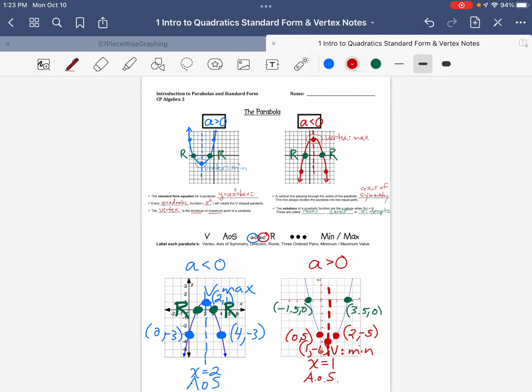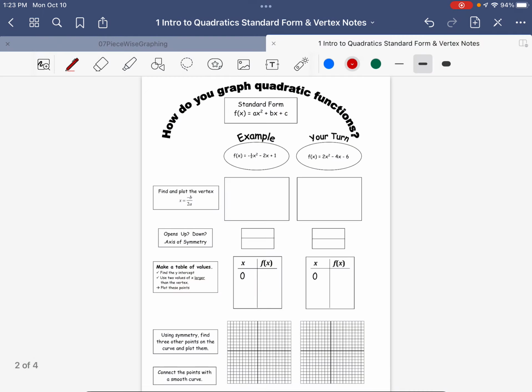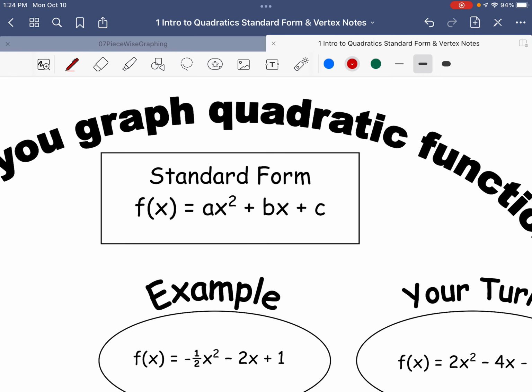So whenever you have an ax squared, we now have a quadratic equation, and quadratic equations are parabolas. So let's look at our first specific quadratic equation that's in standard form. Now remember, standard form is just when you have an ax squared, then you have a bx and a c.